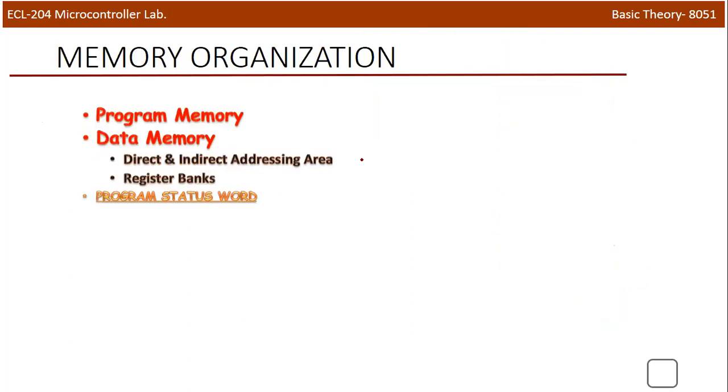Now we will go into a very important part when you consider programming the 8051: memory organization. I'll give you a basic idea about what we mean by memory. You can consider memory as a room, just like a classroom. If you take any classroom, there are some boys or girls, and for example it can accommodate 60 students.